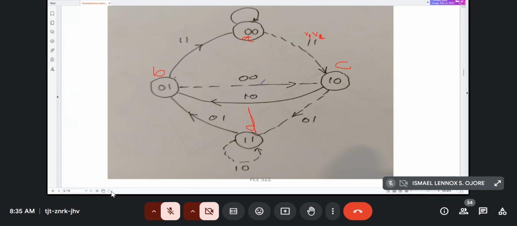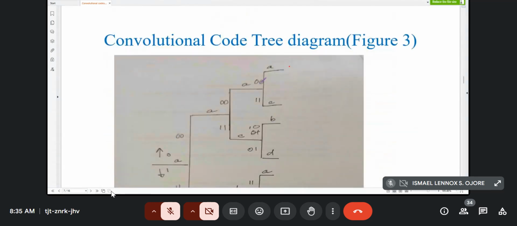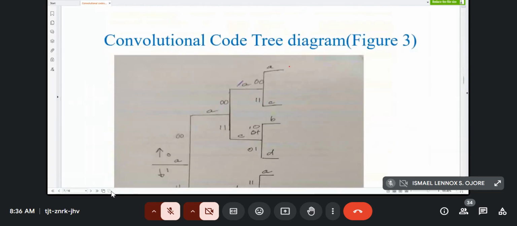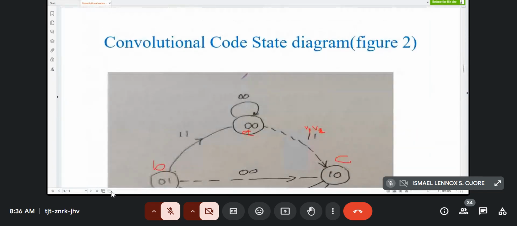It gives you all the possible states and what is the output when the input is either a 0 or a 1. Yeah. Then that is the tree. That's the tree for this one, for this encoder.